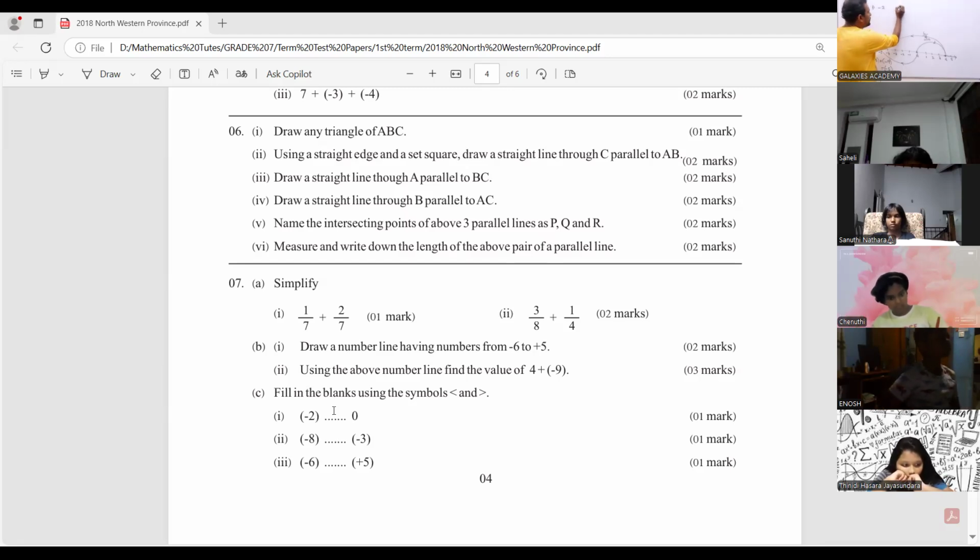You have to compare. Roman number 2, -8 and -3, you have to compare. And Roman number 3 given, -6 and +5, you have to compare. Right. How can you do this one?